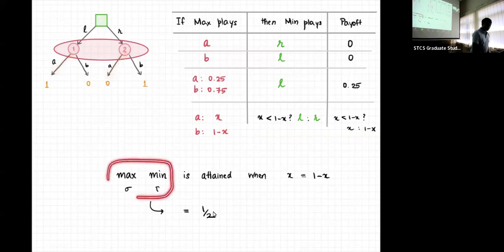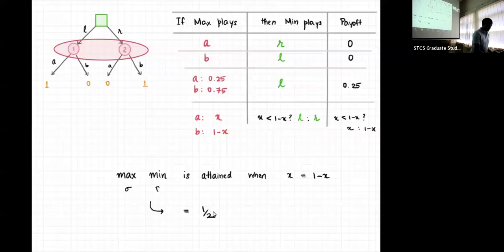Suppose Max plays A. Remember that we are interested in the max min value. If Max plays A, the best response of min would be to go here, because then the overall outcome will be 0. The payoff will be 0.